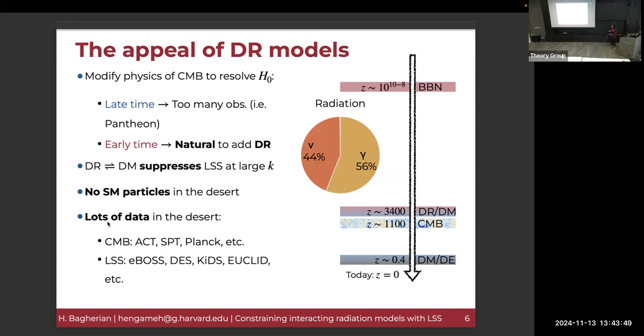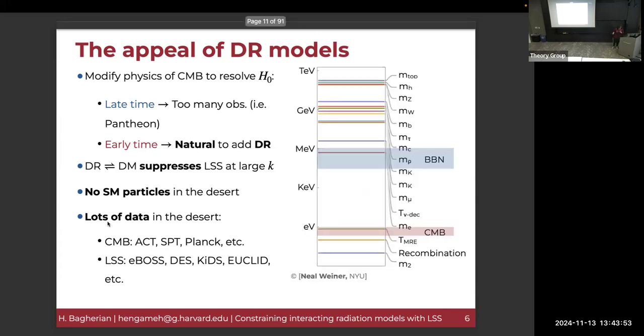Another good thing about being between BBN and the CMB is that this is what we in our group call the Lambda CDM desert. There are no scales, considering the standard model we are familiar with, that live in that desert area.